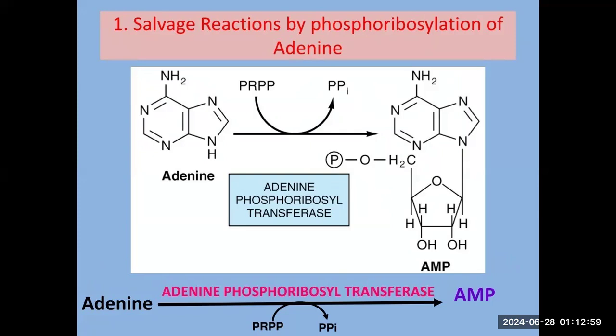Adenine phosphoribosyl transferase, right here, shows you the conversion into AMP. This is the second process of the salvage reaction.